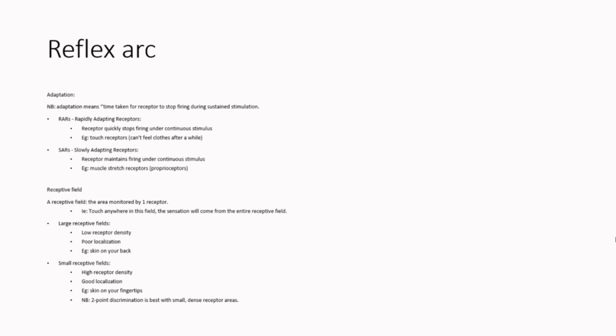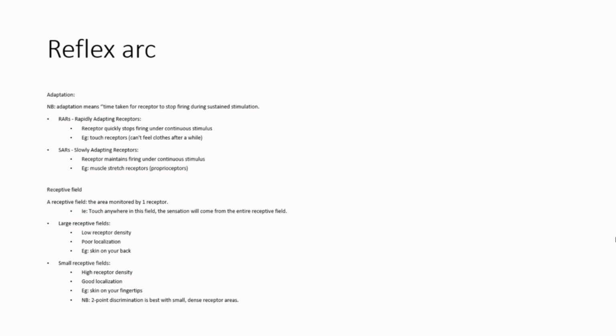Then we have something called the receptive field, and the receptive field is what one receptor is monitoring, the area monitored by one receptor. So if we touch anything in that field, the sensation will come from the whole receptive field because we have one receptor monitoring it.